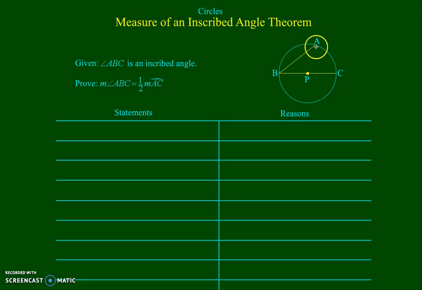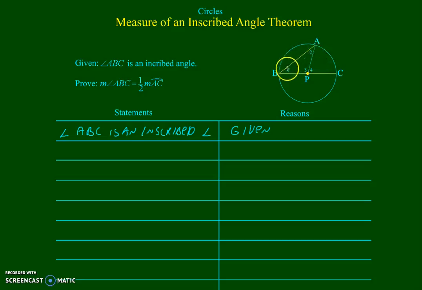So to get through these, the first thing we're going to do is prove the first case. In order to do that, I'm going to set up a triangle inside here. We're going to draw an auxiliary line and create a couple of angles in here so that we have some relationships to work with. We're proving that given angle ABC is an inscribed angle, the measure of angle ABC is 1/2 its intercepted arc. For convenience, I've set up several angles in here. This is angle 1, which is angle ABC.